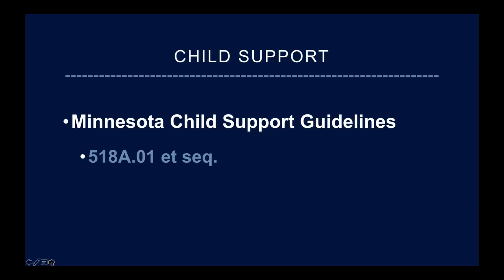With regard to child support, there is an entire chapter within 518. It's 518A with a series of statutes that address child support specifically. These statutes were changed, it's been now 13 or 14 years ago, to take a look at an income comparison approach to child support.